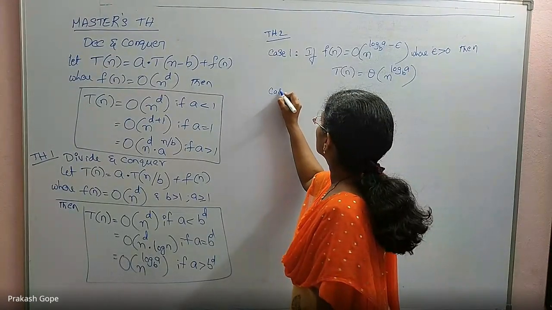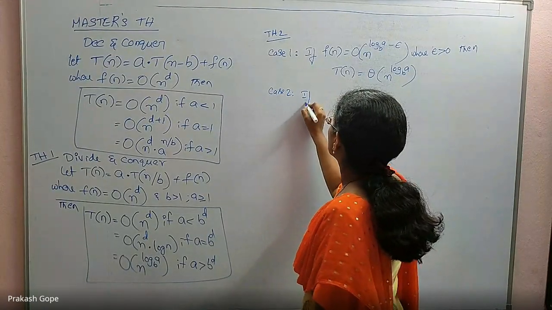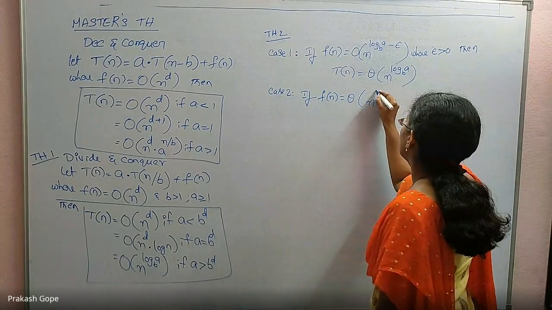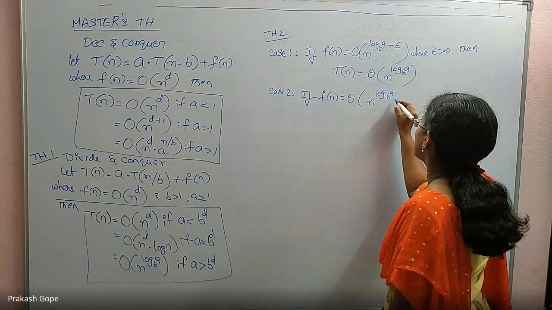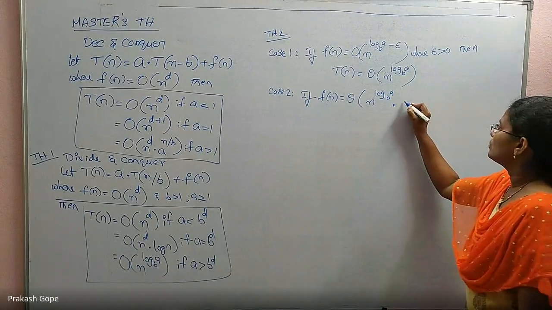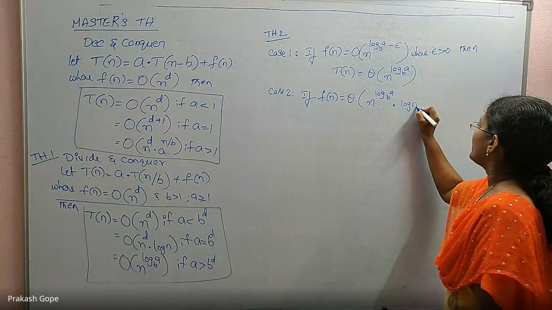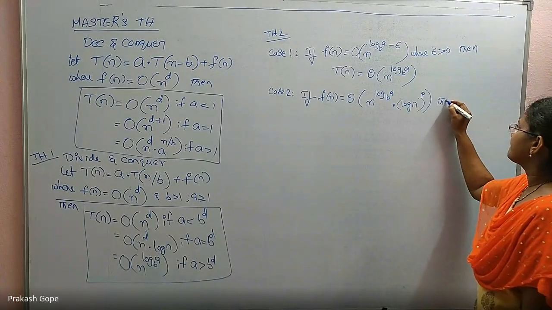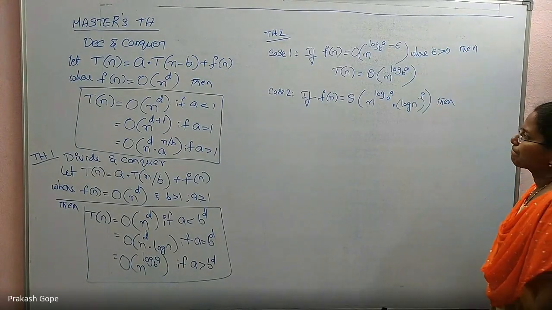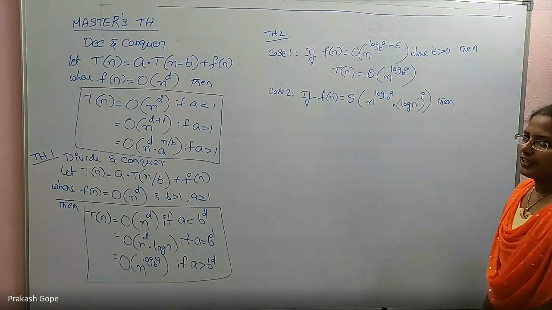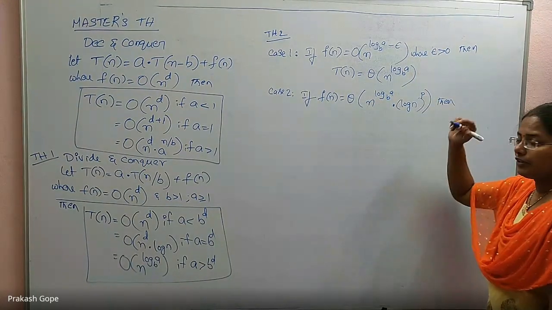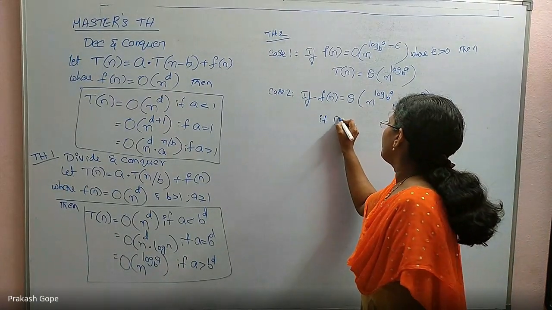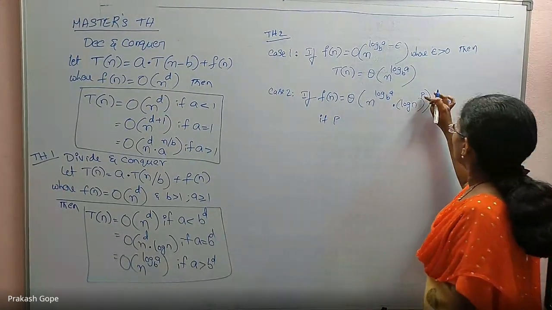Case 2. If f of n is equal to theta of n power log a to the base b into log n whole power k, then the answer depends on this k value. Anything is fine, p or k.